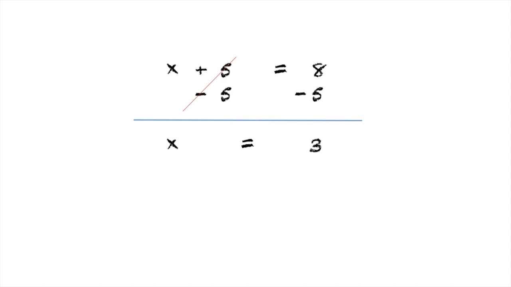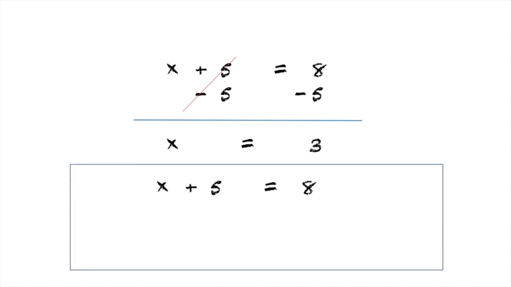Our original equation was x plus 5 is equal to 8. We believe the answer is that x is equal to 3. To verify if this is correct, we can evaluate the equation for x is equal to 3. We have here x plus 5 is equal to 8, and we'll replace this x with a 3. So of course, 3 plus 5 gives us 8, and that balances our equation.